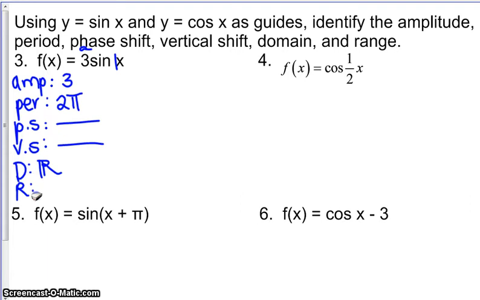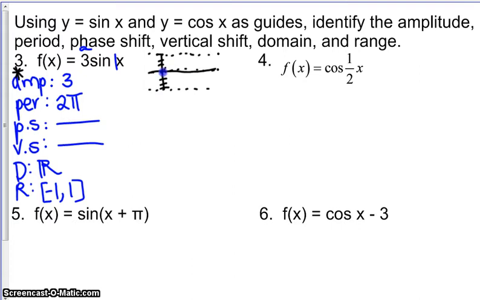Now, our range in the parent graphs was from -1 to +1. But in this case, we have an amplitude. That means if I'm going to graph this trig function, from my middle I'm going to have to go up 3 units to get to the high, and I'm going to go down 3 units to get to my low.